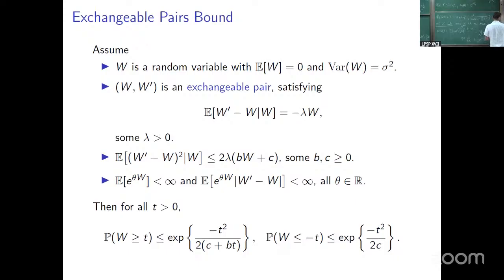Convexity calculations of the exponential give us that e to the x minus e to the y over x minus y is less than or equal to 1/2 of e to the x plus e to the y. Okay, so that's a little exercise to show, but this is true.